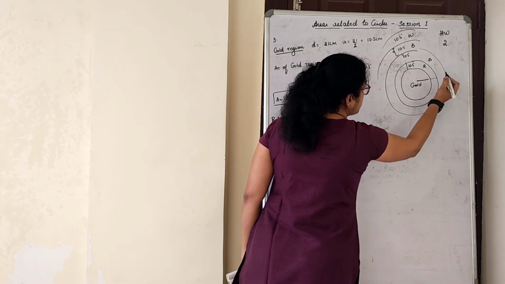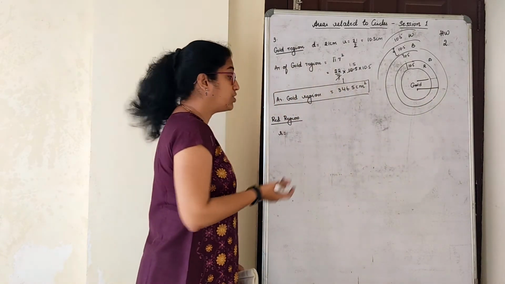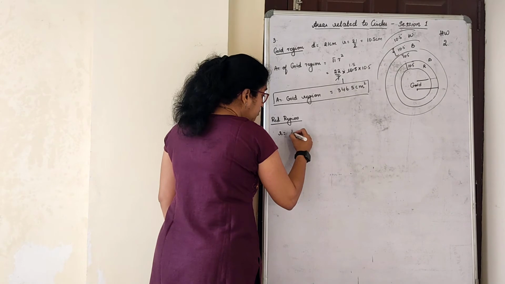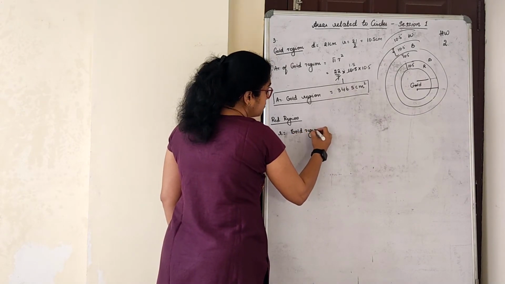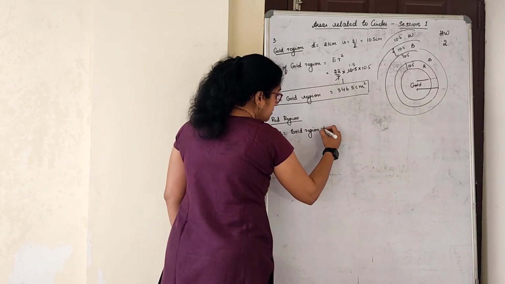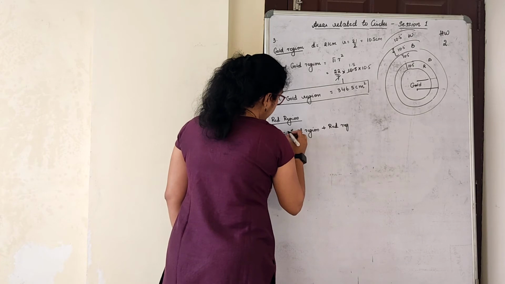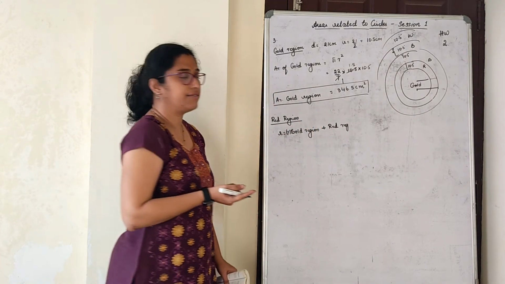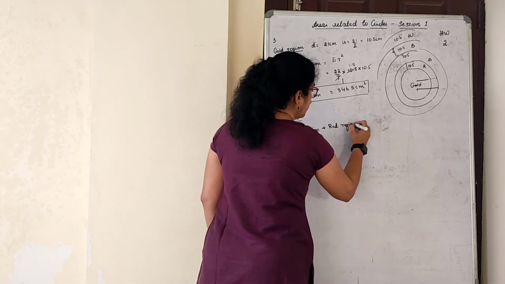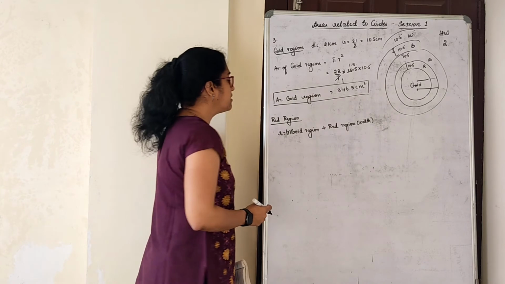This much if I extend, this whole part will be of what? Red region. So radius is equal to radius of gold region plus red region width, because red region they have not given us radius.